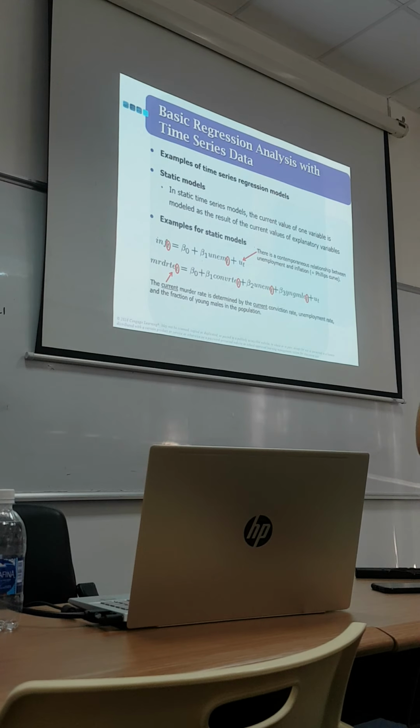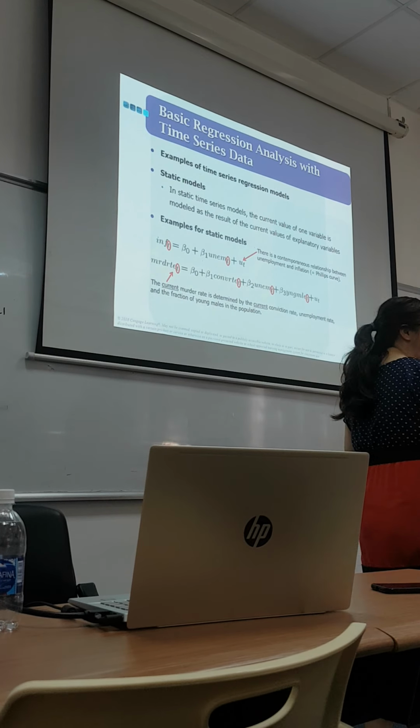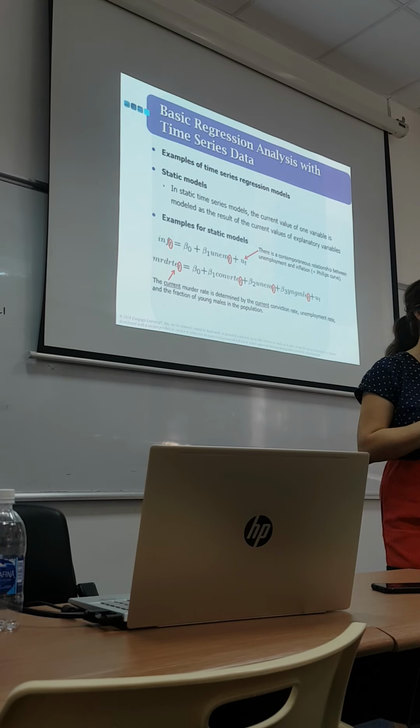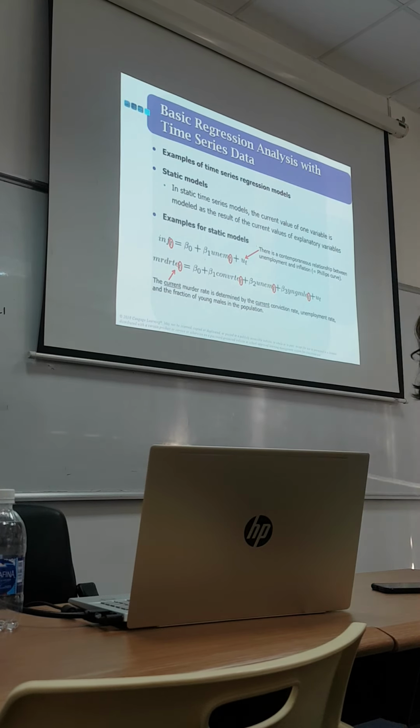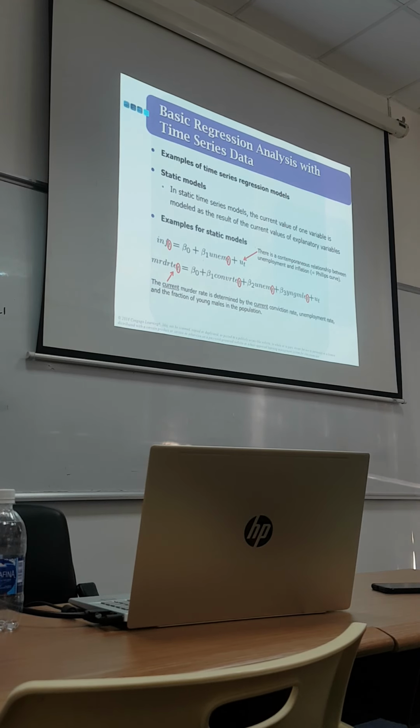However, in time series, if you study macroeconomic variables, they normally have some lag effect. For example, if you want to study the effect of money supply on GDP, the government increases money supply, but it doesn't happen that money supply increases today and GDP increases today.